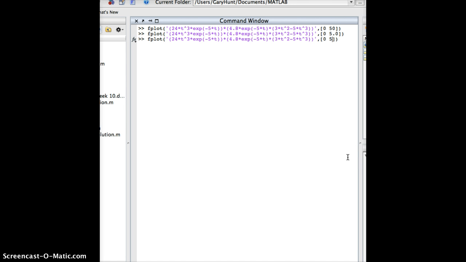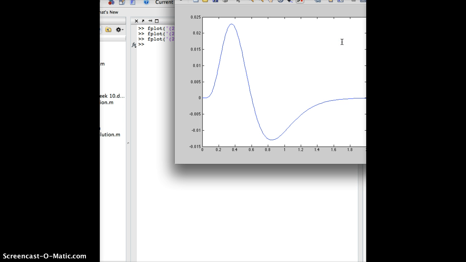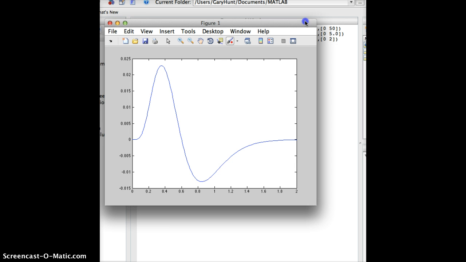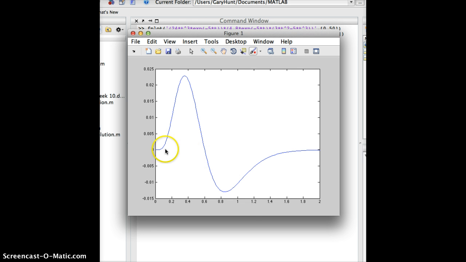Come in here and change this to a 2, plotting the first 2 seconds of this graph. What do we get? Aha! All right, so my graph is going to look like this for the first 2 seconds. Looks like we get up to like 25 milliwatts and down to 15 milliwatts, something like that.